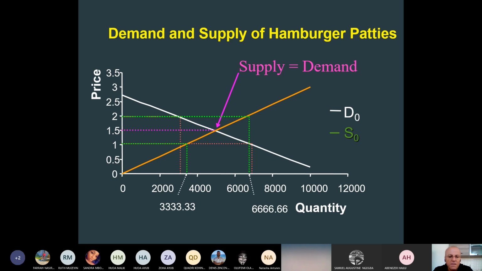When we put the supply curve on this graphic, you observe the supply curve is proportional between price and quantity. When the price goes up, it is good for the producer because producers are profit oriented. As the price goes up, producers enjoy it and increase their production.